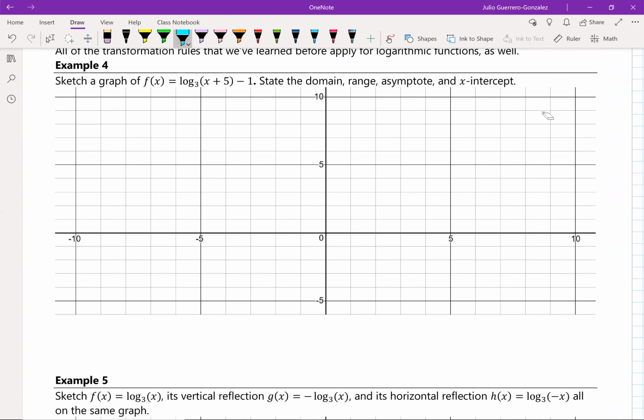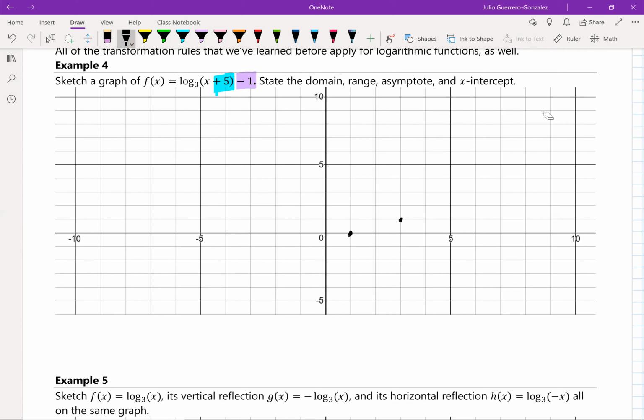There's a couple things here: the plus 5 and the minus 1. What's the plus 5 do? Left 5. And then what's the minus 1 do? Down 1.